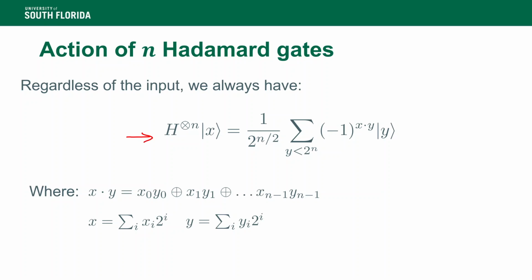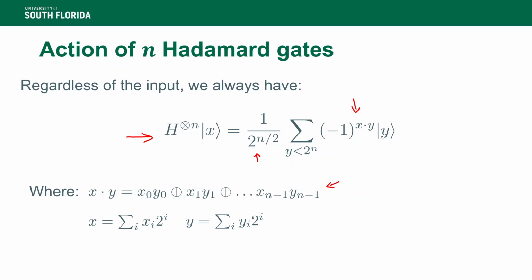So if you apply h tensored n times to an x that is not necessarily 0, you'll get a state with the same normalization factor as before, but here the phases are going to be (-1)^(x·y), where, since x and y can be viewed as n-bit strings of length n, we're talking about a dot product of those vectors in F2.